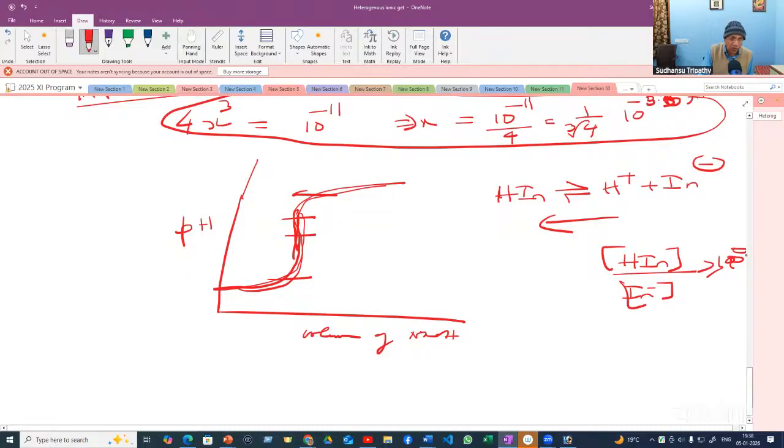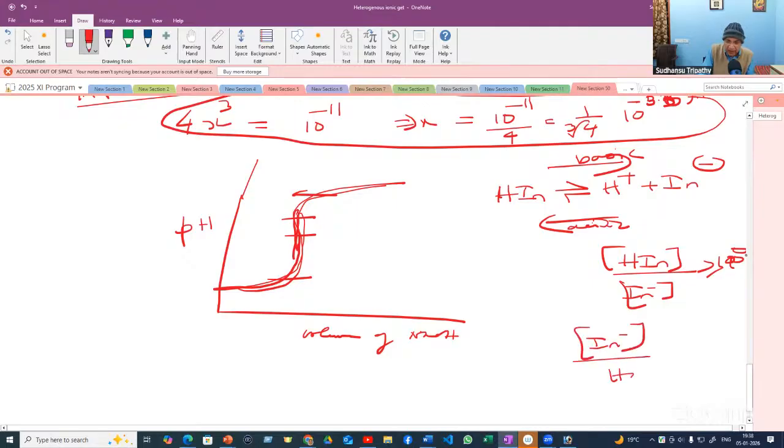That happens at a lower pH. But at higher pH, in basic medium, OH minus eats away H plus ion, forming water, and the equilibrium shifts to the right. So In minus concentration becomes greater.